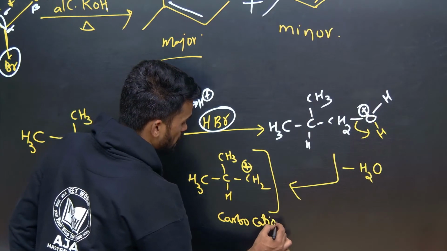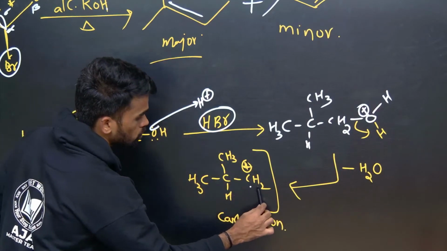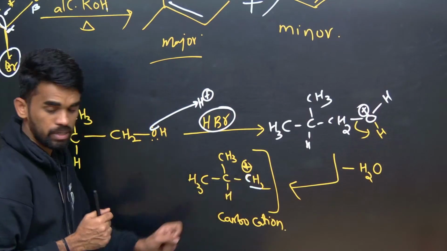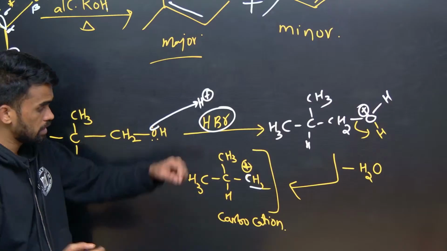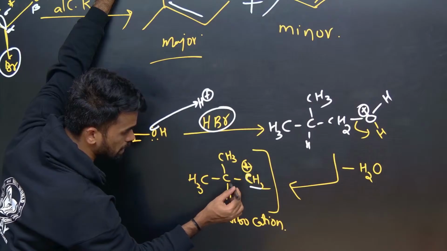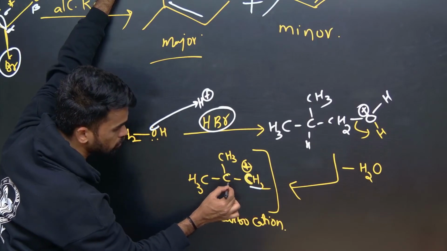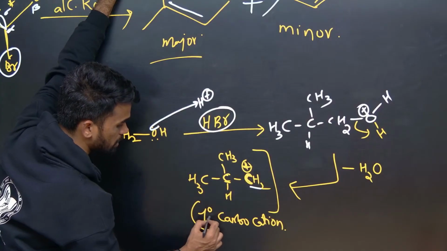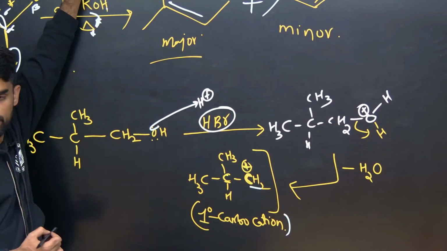Now this carbocation is directly attached to how many carbons? How many carbons are surrounding this carbon? It is attached to only one carbon. So we can say this is a primary carbocation.